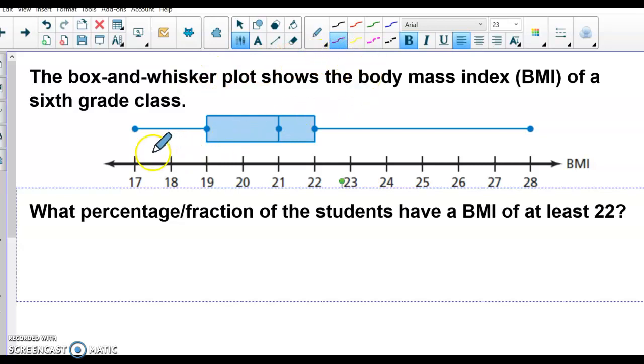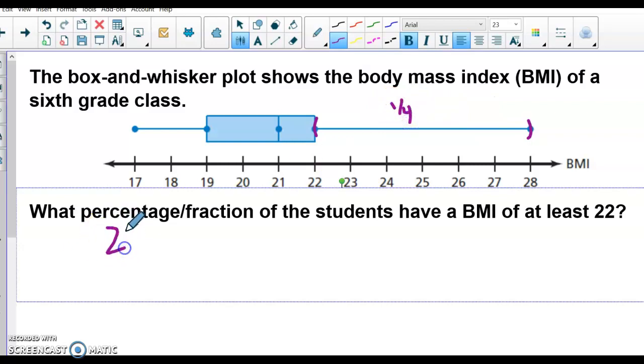So we gave them a box and whisker plot of the body mass index of a 6th grade class. What percentage, or fraction, of the students have a body mass index of at least 22? So 22 is actually your fourth quartile. This section, 22 to 28, is 1/4.